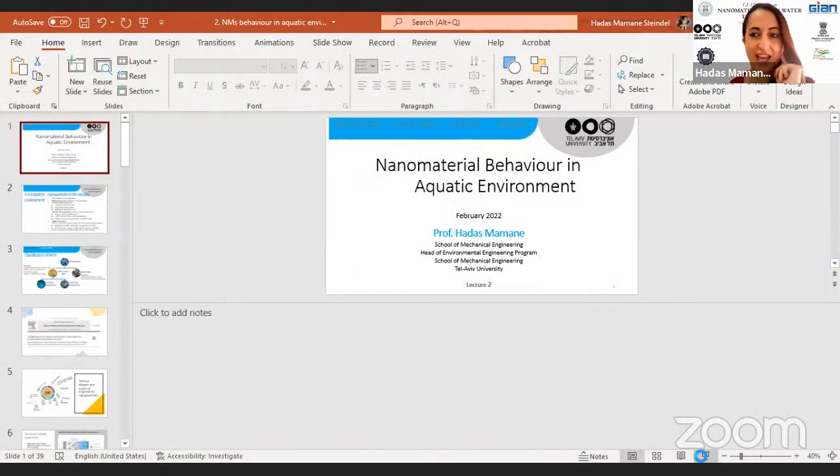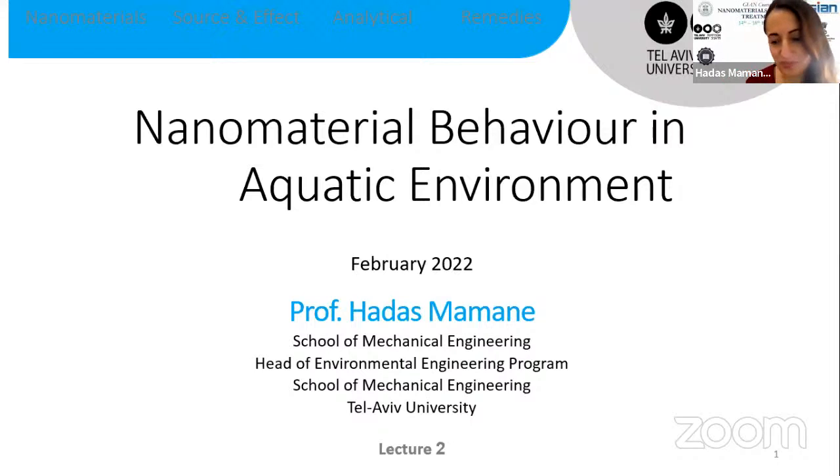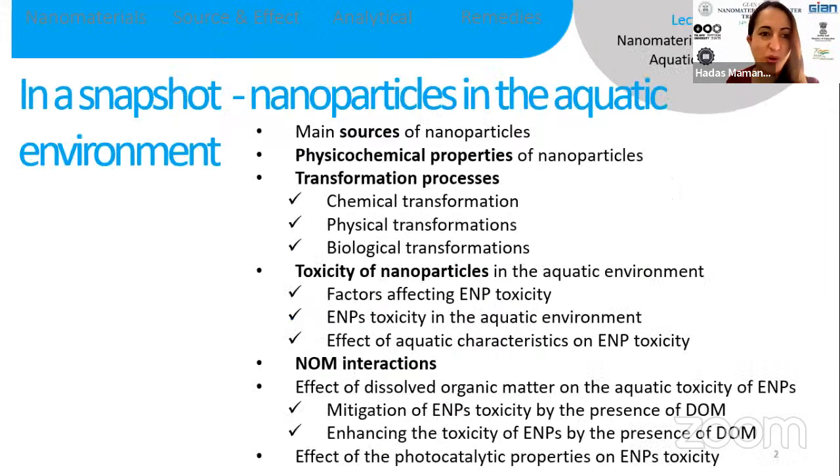Okay, good. So we will start today's lecture on nanomaterial behavior in the aquatic environment. When we think about nanomaterials in the aquatic environment in a snapshot, there are many relevant topics. One issue is the main sources for nanoparticles.